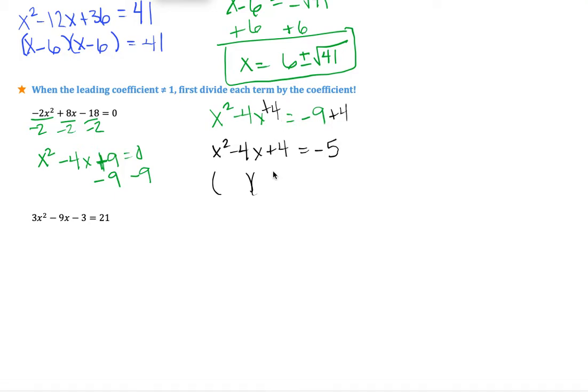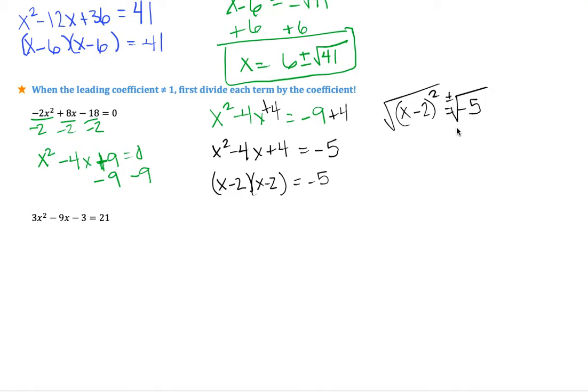So I'm going to factor that. It's x minus 2 times x minus 2. And I'm going to rewrite it as x minus 2 quantity squared equals negative 5. And I'm going to take the square root of both sides.